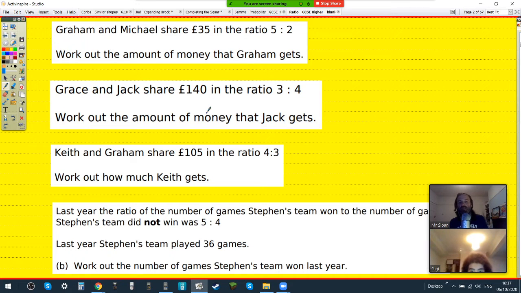Okay, how do we do the top one? You add the two numbers in the ratio together, and then you divide the amount by it. Yep. And then you times the result by 5 and 2. Yep.